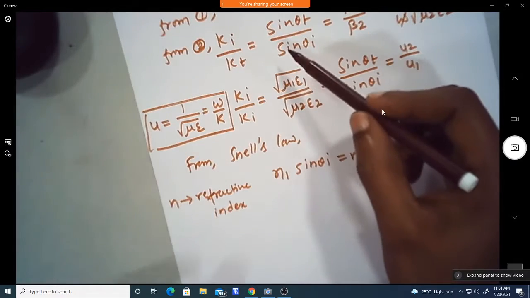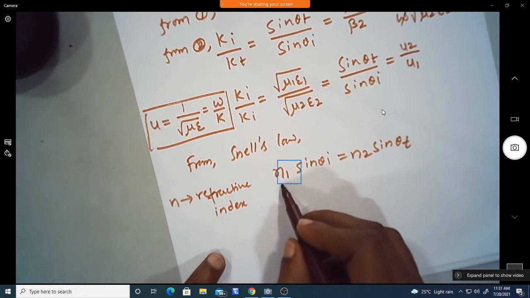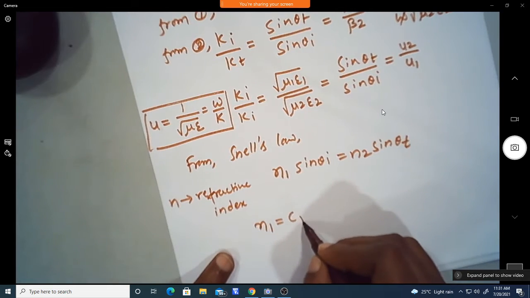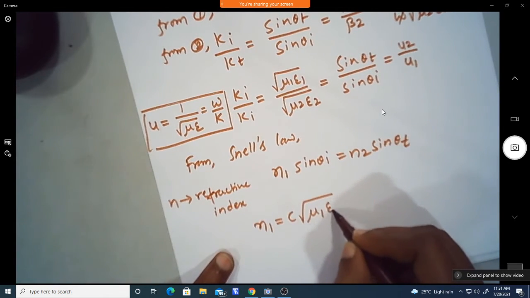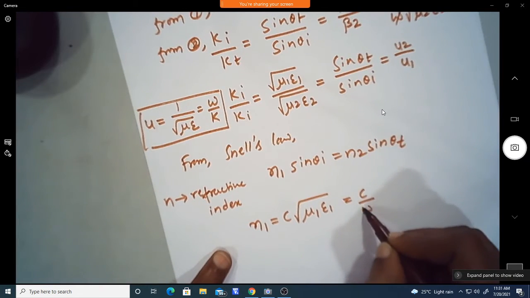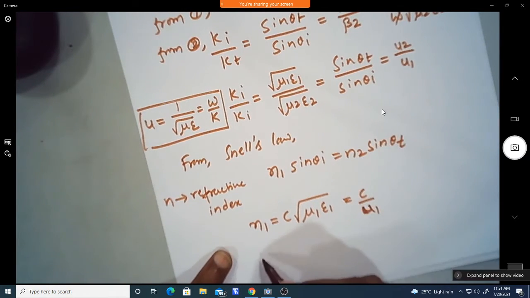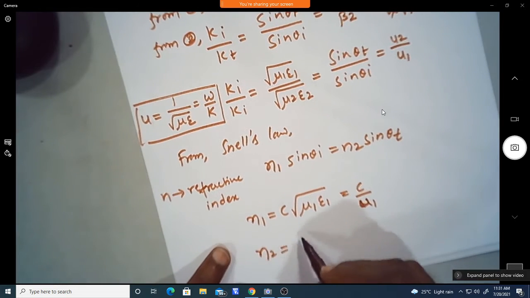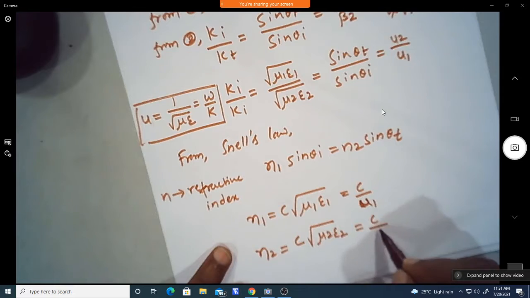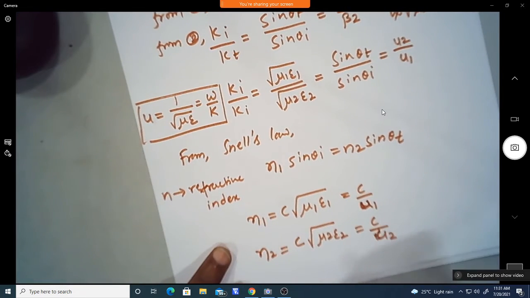Now, in our discussion, the refractive index of medium 1 can be represented in terms of the medium parameters mu 1 epsilon 1, or as c by u1. Similarly, the refractive index of medium 2 is c into root mu 2 epsilon 2, which equals c by u2.